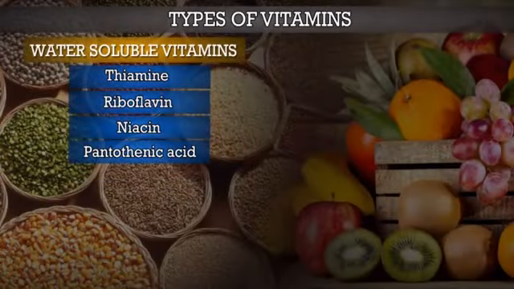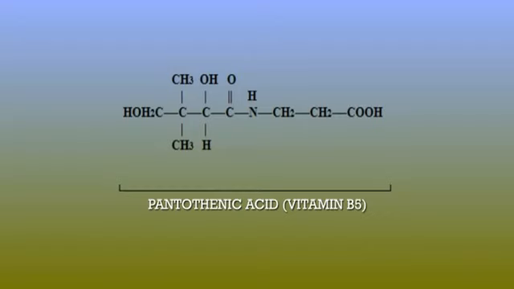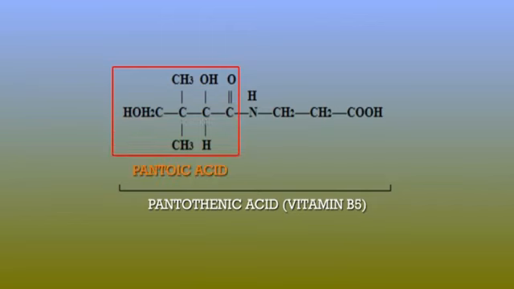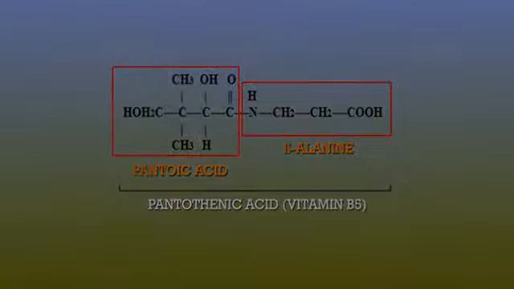Next vitamin is pantothenic acid. This vitamin is also known as vitamin B5 and is an amide of pantoic acid and beta-alanine. It combines with adenosine diphosphate, forming a phosphodiester bond.